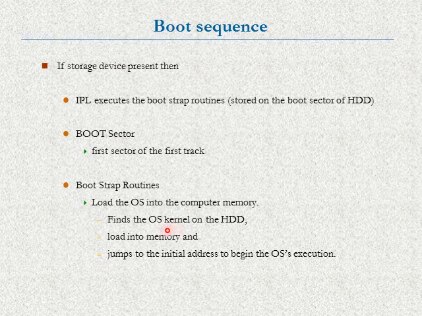We will look into various types of kernels hopefully in today's class, or maybe in the next chapter. And then once it finds the operating system minimum set of commands that are present on the hard disk, it loads that section onto your main memory, and then it starts the execution of the operating system.